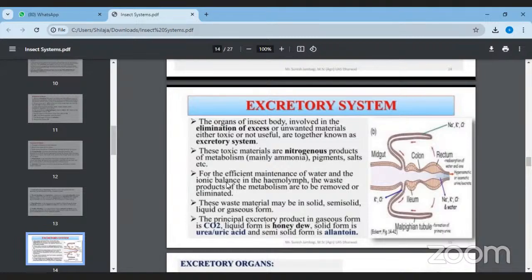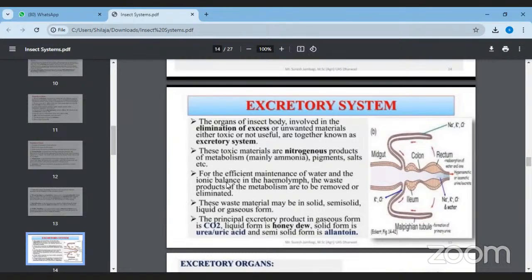The major types of Malpighian tubule and hindgut system vary a little from one insect to another, like orthopteran, hemipteran, coleopteran, lepidopteran. Orthoptera is the cockroach, Hemiptera the bugs, Coleoptera the beetles, and Lepidoptera the butterflies. So the structure of the Malpighian tubules changes a little.